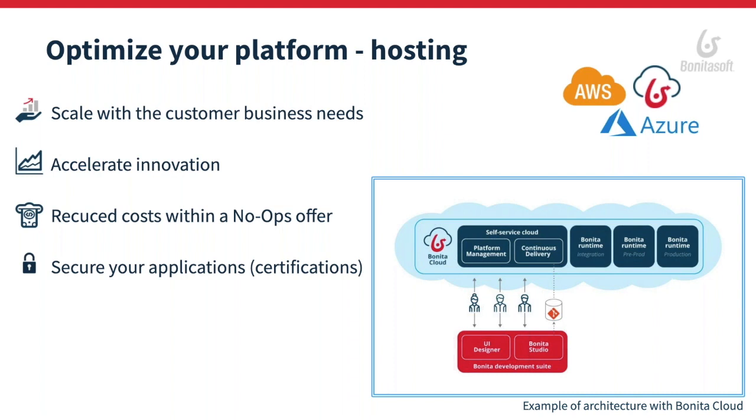How? You will enable more environments rapidly if it's needed. You will make sure that the infrastructure is going to scale with the usage needs, especially, for example, if your process has peaks, it can be very important. You will avoid the burden of provisioning and scaling.